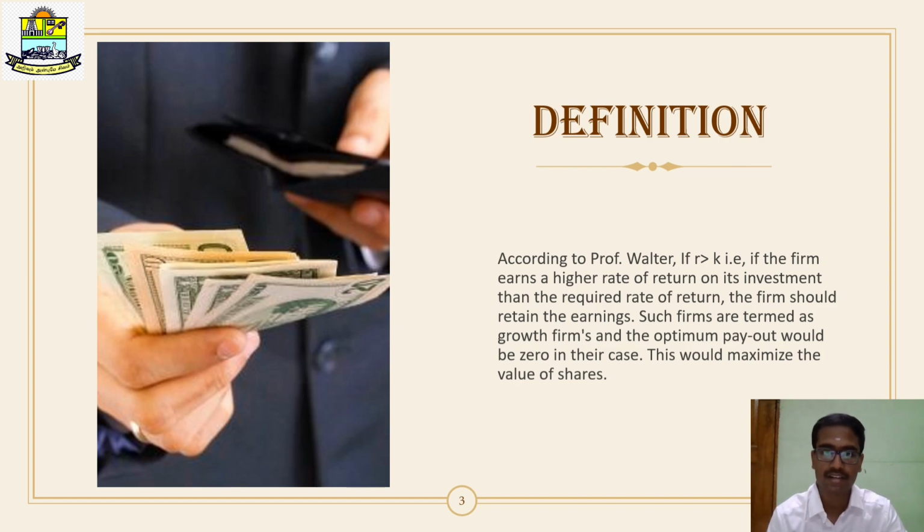Such firms are termed growth firms, and the optimum payout would be 0 in their case. This would maximize the value of the share. I previously talked about this: if the firm doesn't pay out the dividend and reinvests the amount, it would maximize the value of the shares.